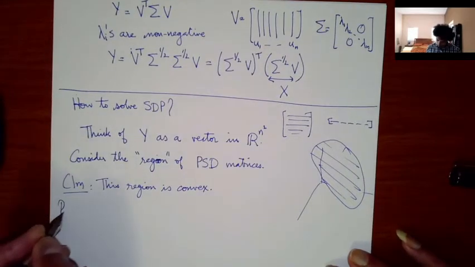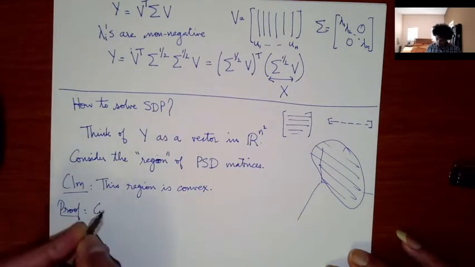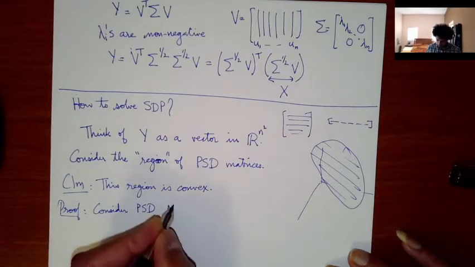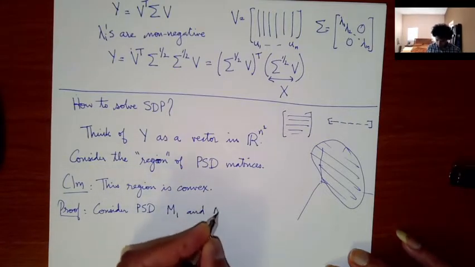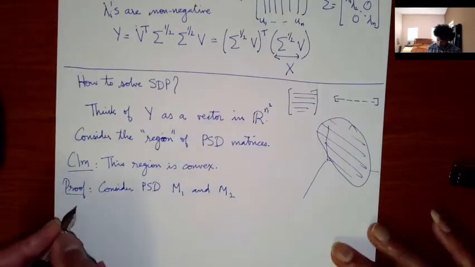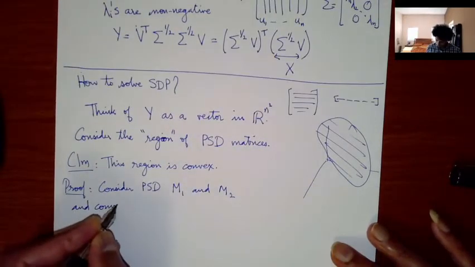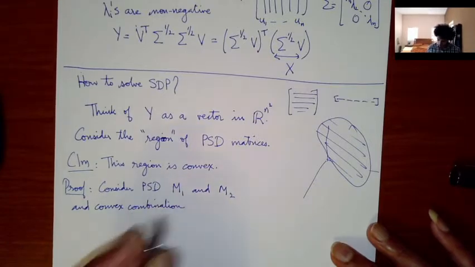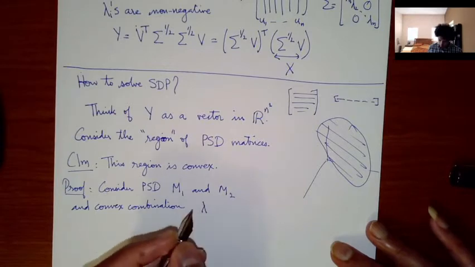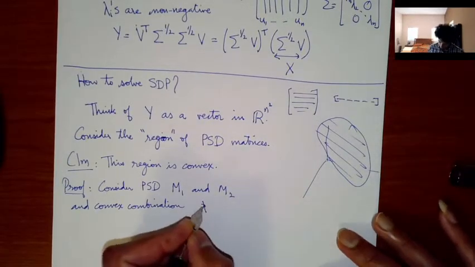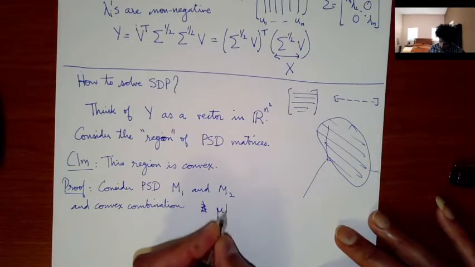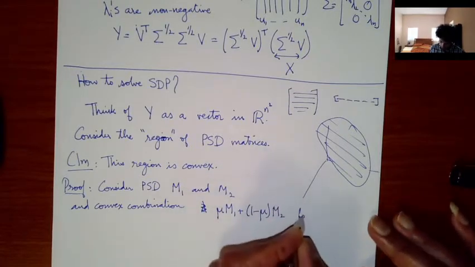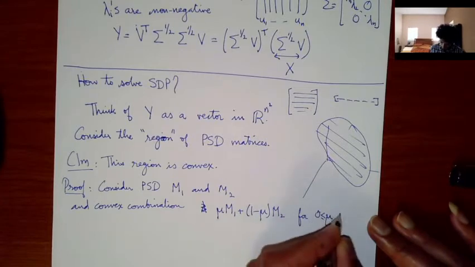Okay, so let me give you a proof. Consider PSD matrices M1 and M2 and a convex combination, mu times M1 plus 1 minus mu times M2, for mu between 0 and 1.